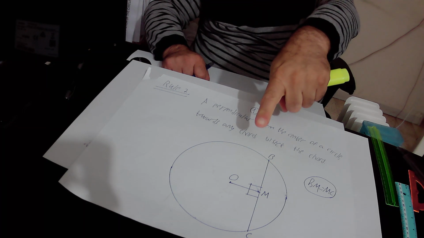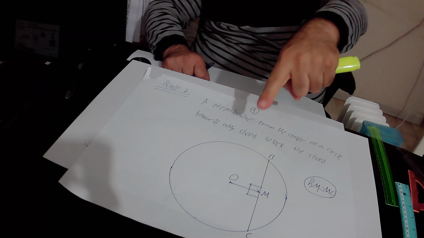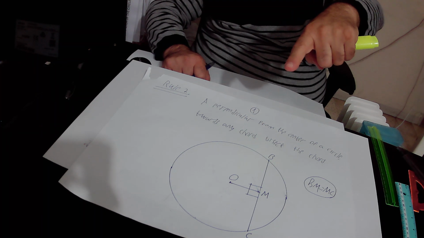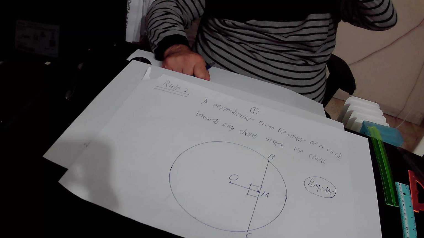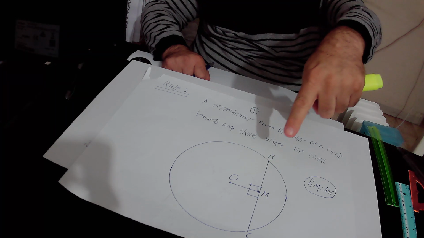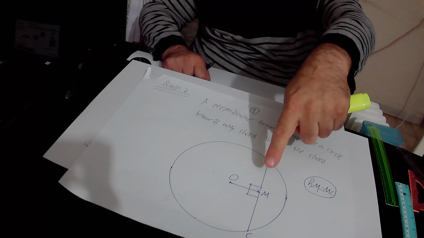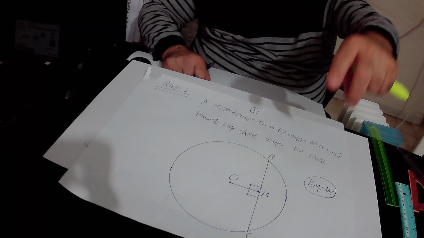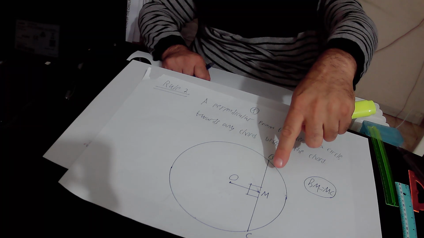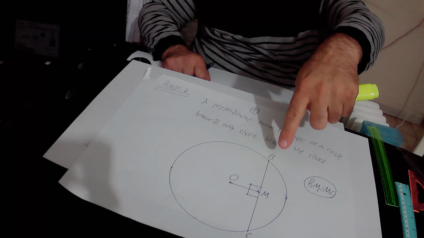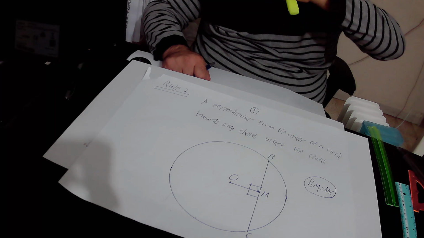The center of this circle is located at point O. So from point O, we draw a perpendicular on chord BC. So this angle equals 90 degrees and this angle equals 90 degrees.